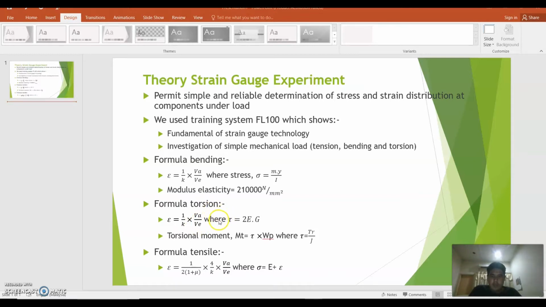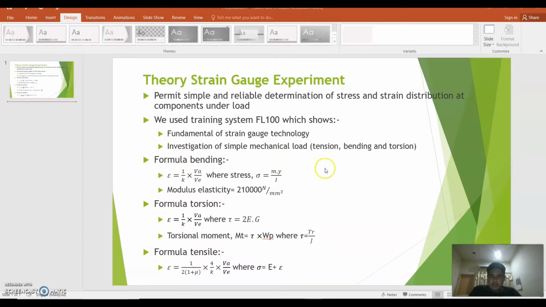But now we must find the T, which is theta equal to 2 E times G. Then the torsional moment also needs to be calculated, and we must find the new T by this formula, which is tau equal to TR over J.